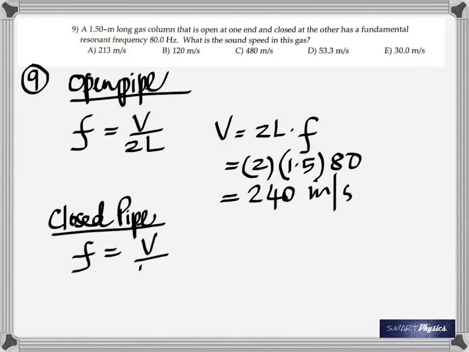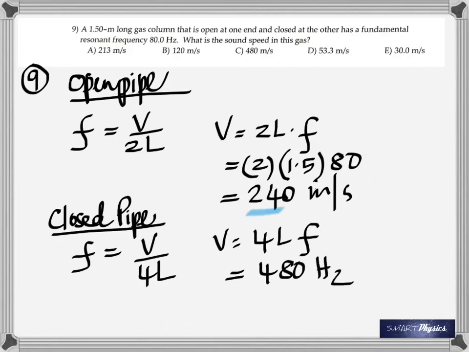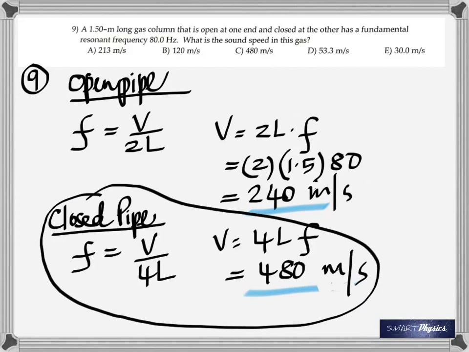But in this case, it's a closed pipe, so the fundamental formula is v by 4 times the length, and the speed is 480 meters per second. Now, that's the only answer. That's the part that is the answer to this problem. The other was just done for comparison's sake, if it was an open pipe.